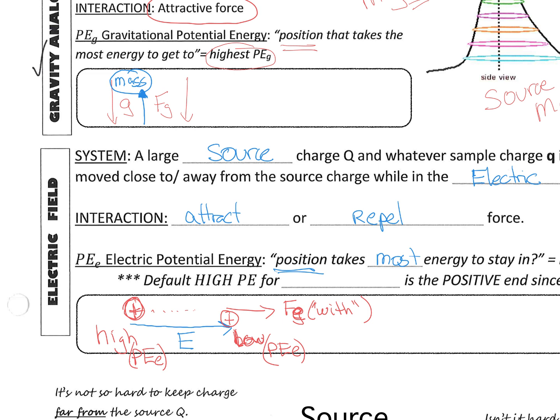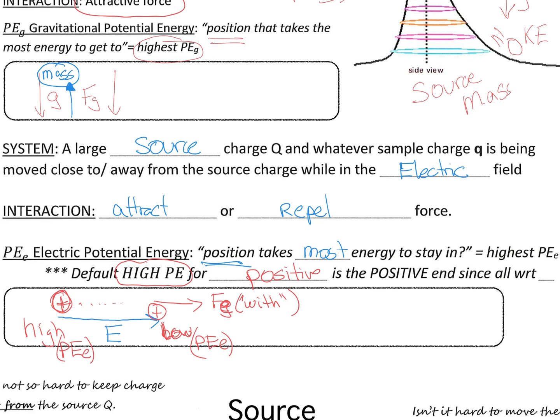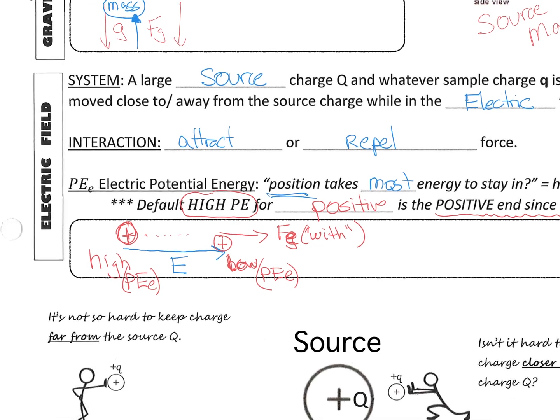So the default high potential energy for an electric field, for a positive charge, is near the positive end, so to speak, with respect to the source of the E field. Okay.